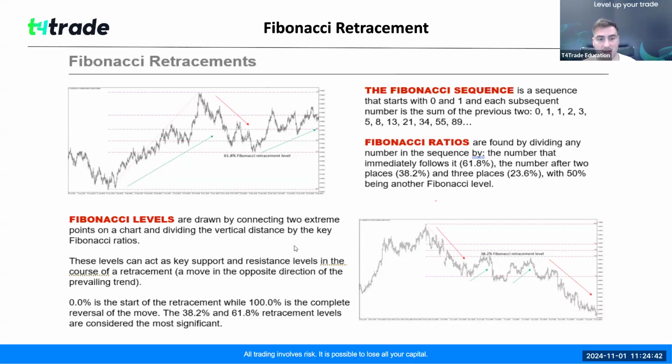So Fibonacci levels are drawn by connecting two extreme points on a chart and dividing the vertical distance by the key Fibonacci ratios. These levels can act as key support and resistance levels in the course of a retracement. A retracement is, for example, when you have a market or an instrument trending upwards and you see higher highs and higher lows.